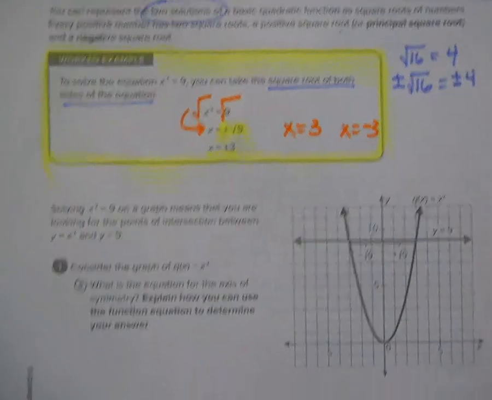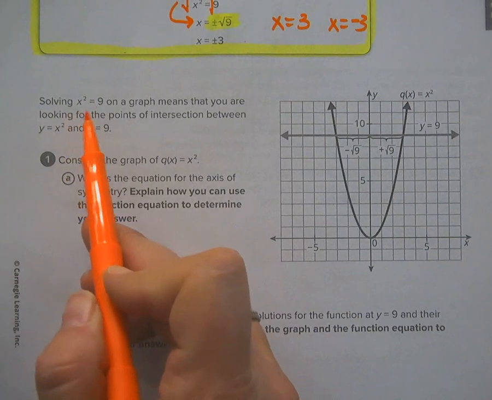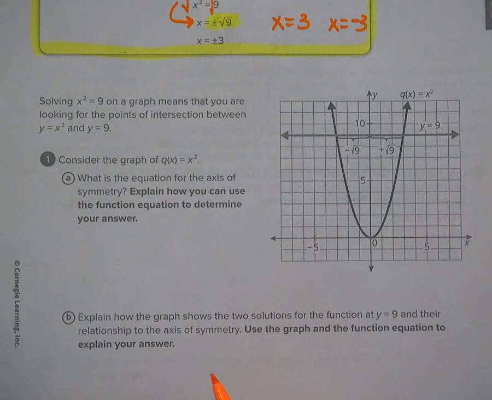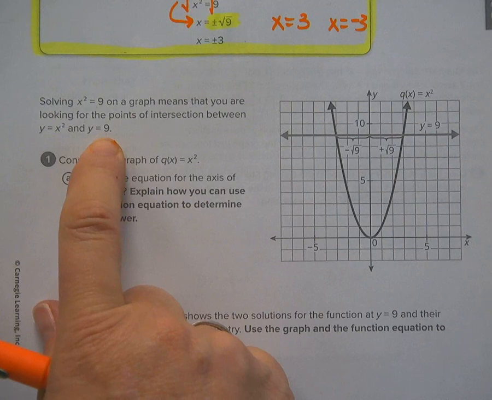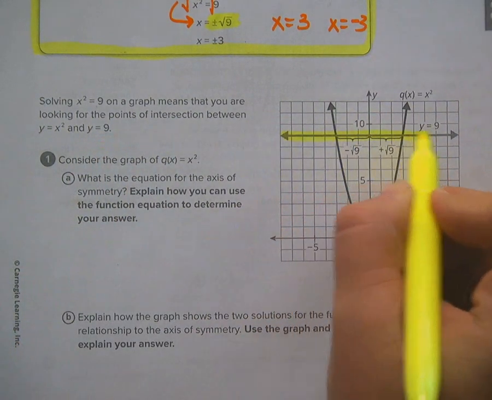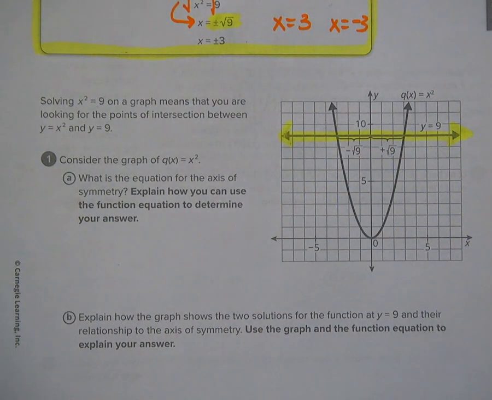Okay? Let's take a look at a graphical representation of this. Solving x squared equals 9 on a graph means you're looking for the points of intersection between y equals x squared and y equals 9. So here is the horizontal line y equals 9. So we are looking at the horizontal line y equals 9, and we want to know, when does x squared equal 9?